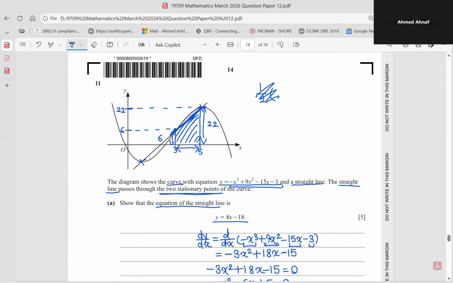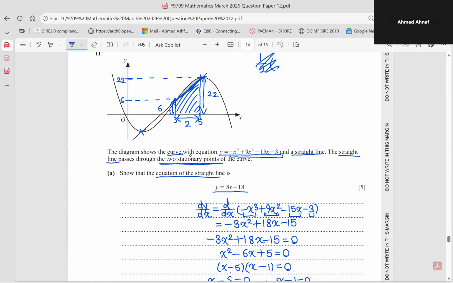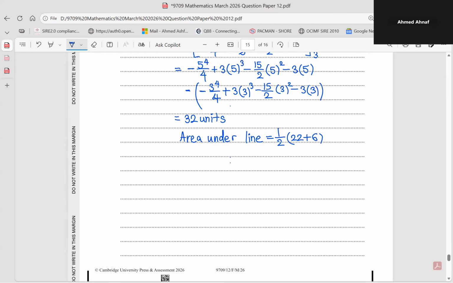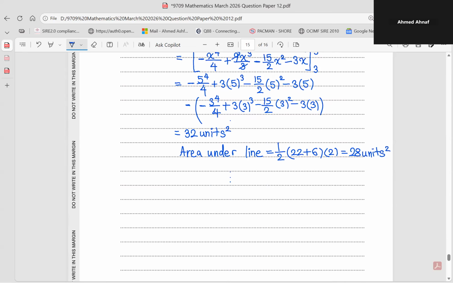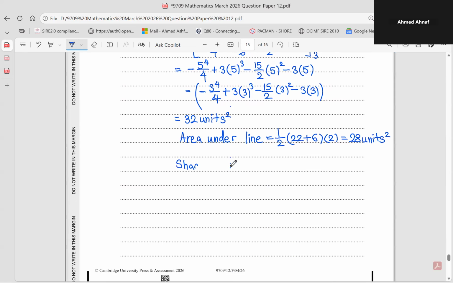And then the height is just between 3 and 5. So that gives us a height of 2. Okay, so half times 22 plus 6 times 2. So that gives us, let's put the units, 28 units squared.